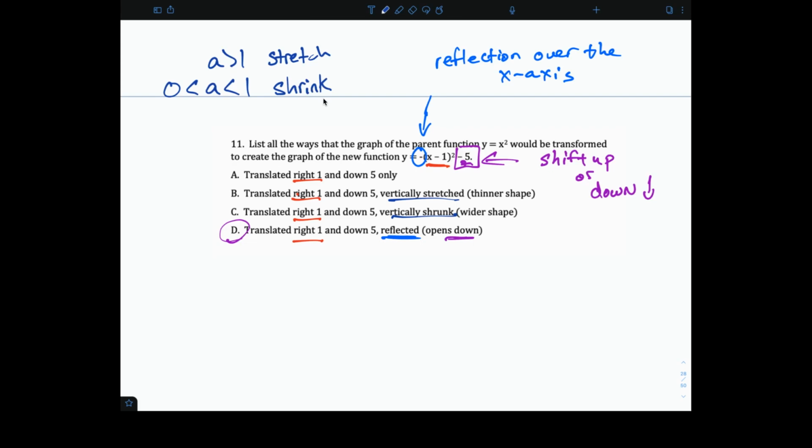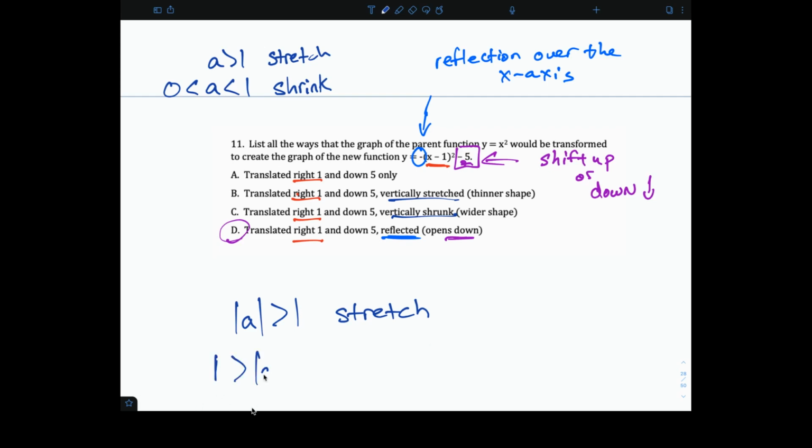When we usually talk about this, the negative just means it's a reciprocal, so the same thing is in effect. In other words, negative 8 would be a stretch, but negative 1/2 would be a shrink. One little note here, sometimes you'll see this written as the absolute value of A is greater than 1. That is a stretch. The absolute value just means you're not focusing on the signs.